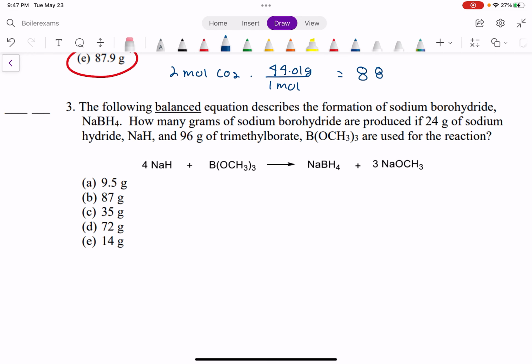Okay, so let's do our method. First, let's just convert first. So 24 grams sodium hydride. The molecular weight of sodium hydride, let me write this. I don't know sodium off the top of my head. Sodium is 22.990, I'm looking at a periodic table. Add on the hydrogen, which is 1.008.